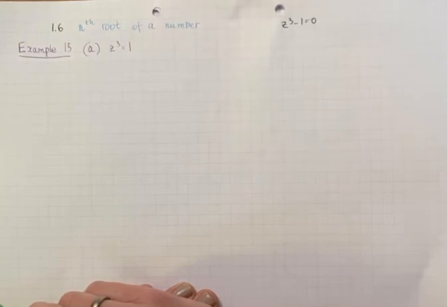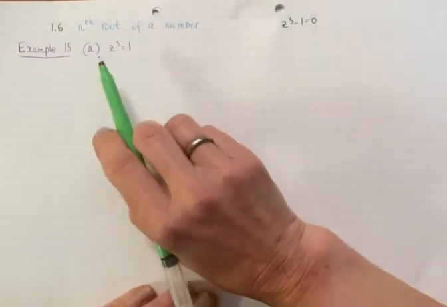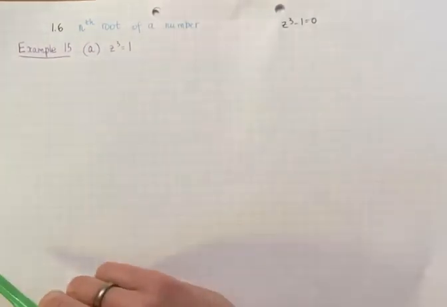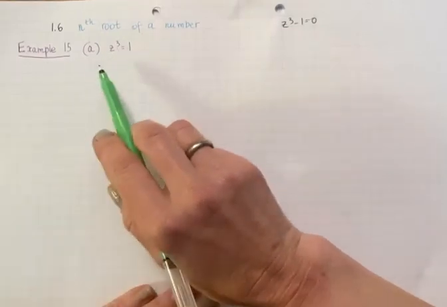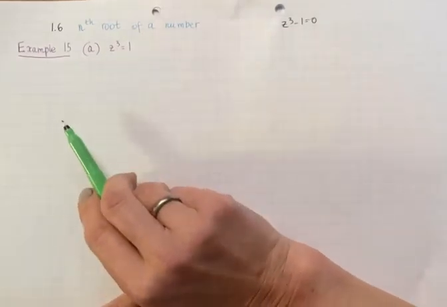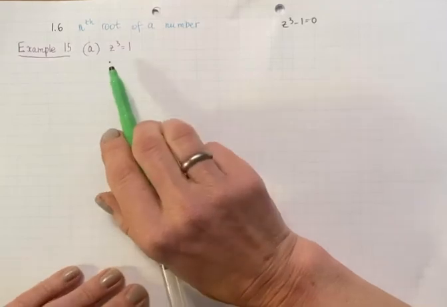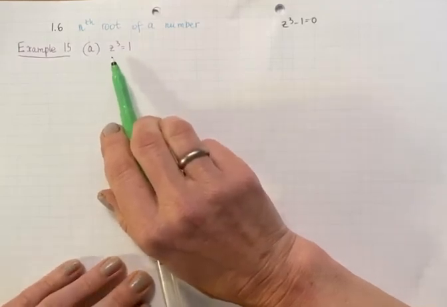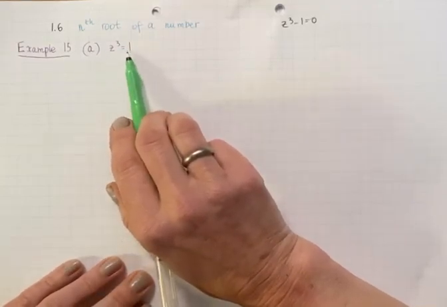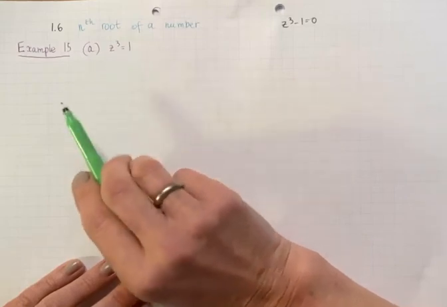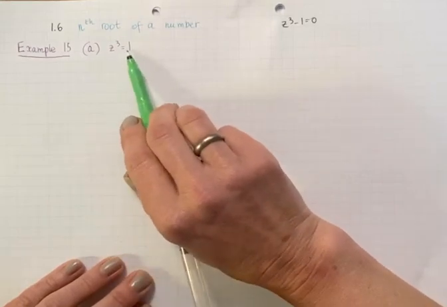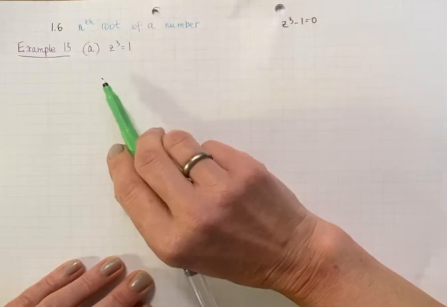We're going to learn a very much different method from the one before, and one that would work if you were to solve z to any power equals 1, or indeed another complex number. So the first thing you need to do is express 1 in terms of either modulus argument form or exponential form.